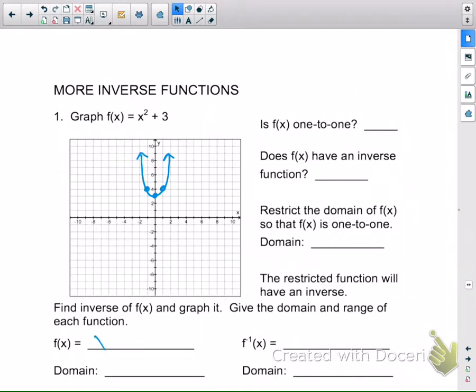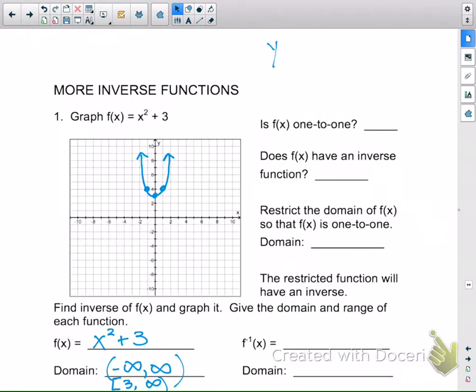This is my quadratic x squared plus 3. What's its domain? Negative infinity to infinity. What's its range? What's the lowest y value? 3 out to infinity.